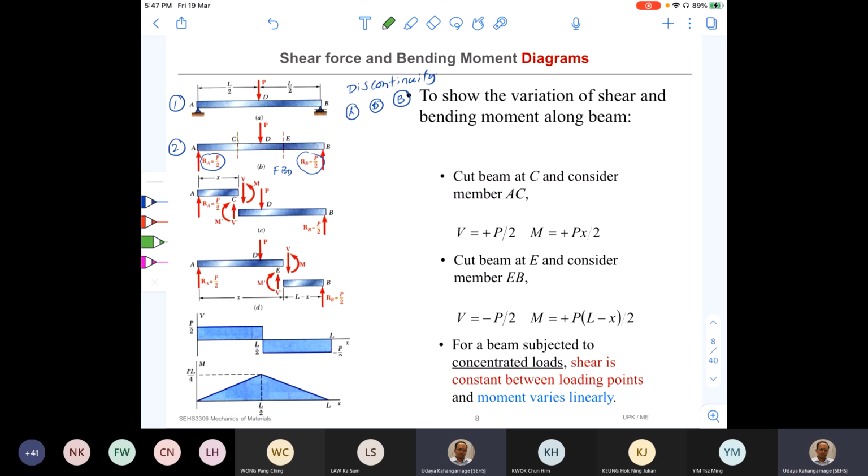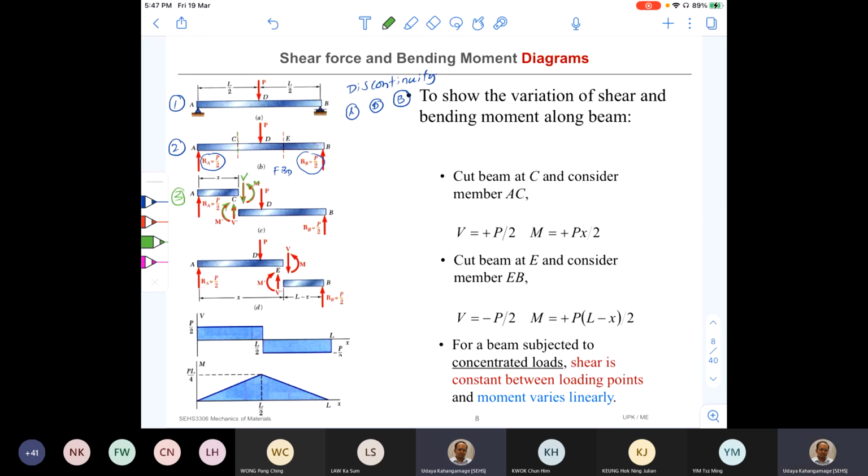That is the third step. Once we cut the beam at C, we have to mark our internal forces. You can see that I mark internal shear force in the positive direction, and internal bending moment also in the positive direction. On the other side, they are in the opposite direction, but they are also positive.